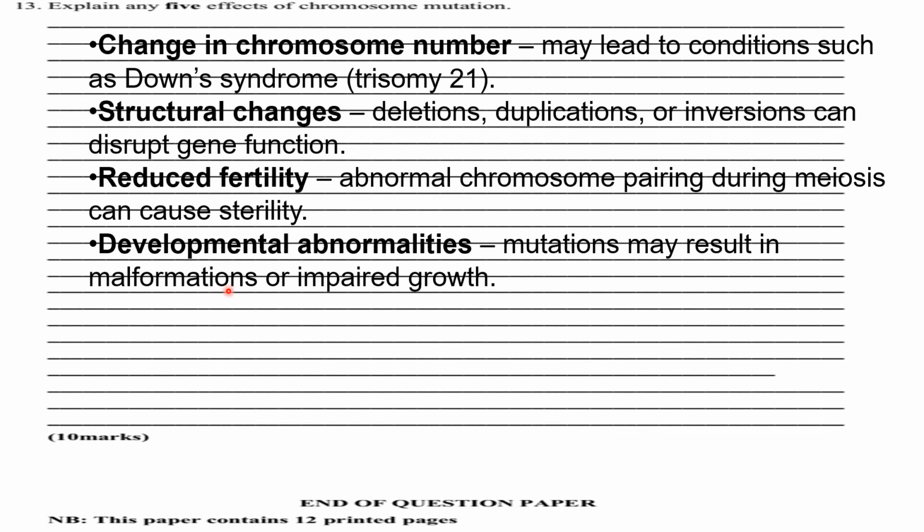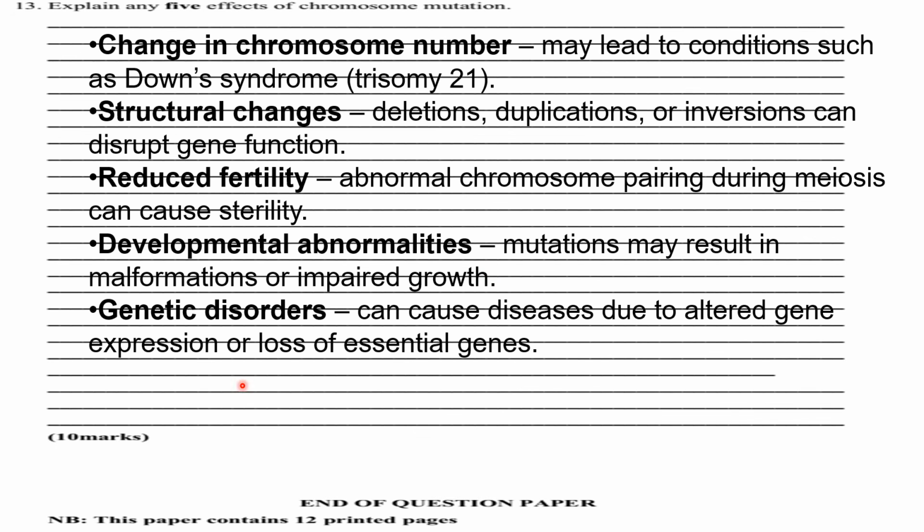So instead of growing normally, you find that one is either becoming too big or too small, as in giantism and dwarfism. And lastly, genetic disorders can cause diseases due to altered gene expression or loss of essential genes.